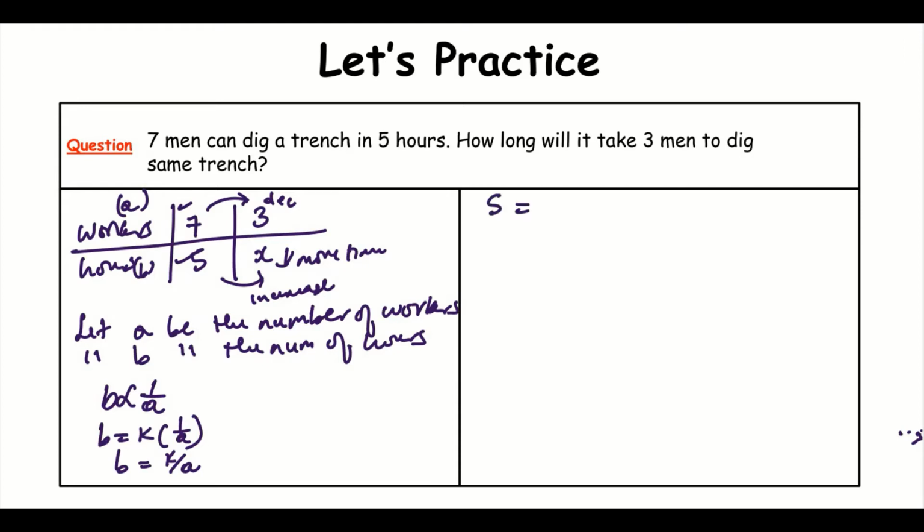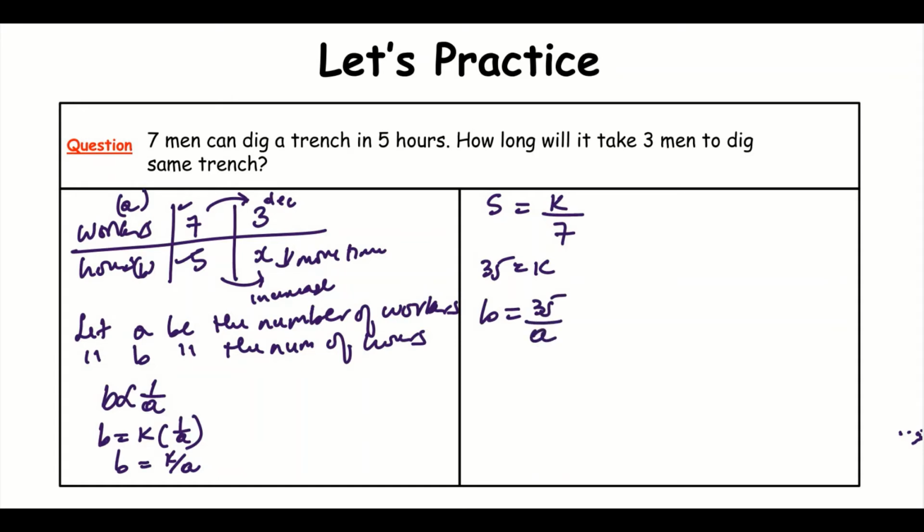So 5 is equal to K over 7. So let's find K. K is equal to 35. So K equal to 35. So hence our new equation is going to be B is equal to 35 over A.